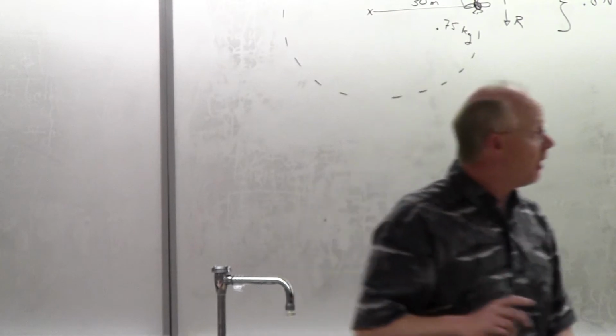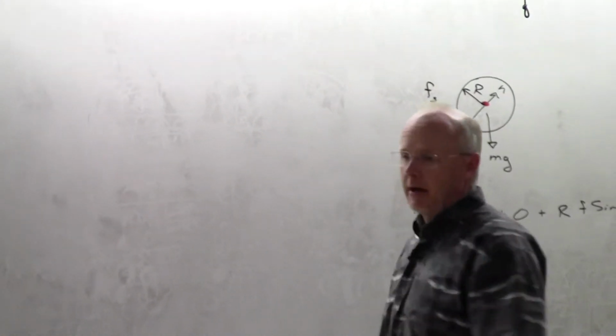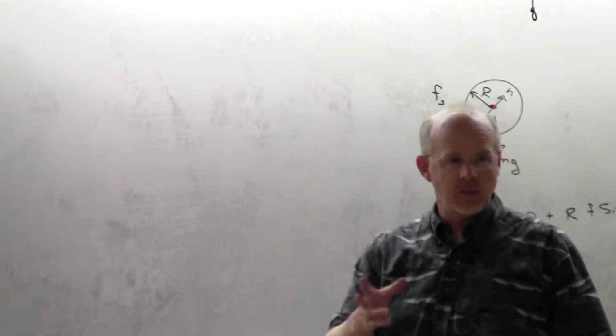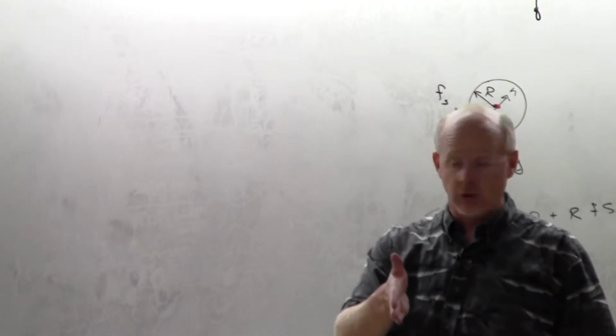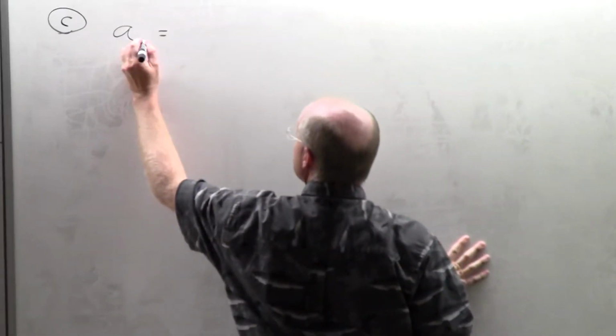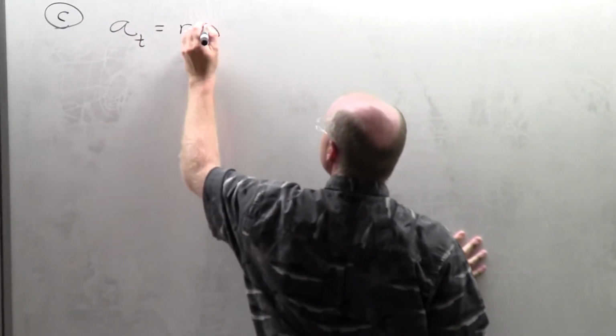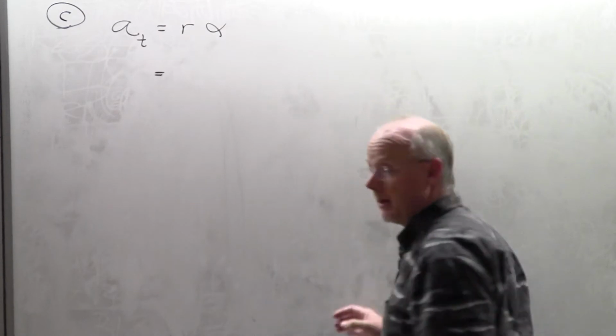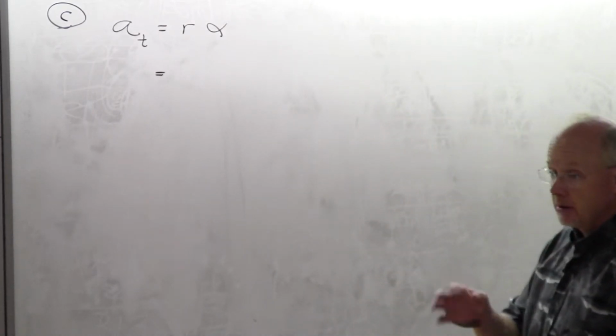Okay, so now they really want us to find a, not alpha, but a. But this is that part where we said, if you know alpha, don't you also know it's connected to a? Wasn't the translational acceleration r times the angular acceleration?